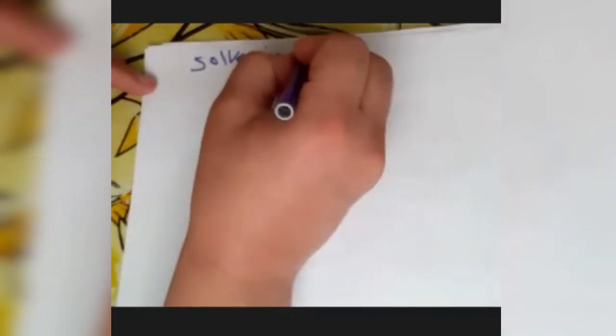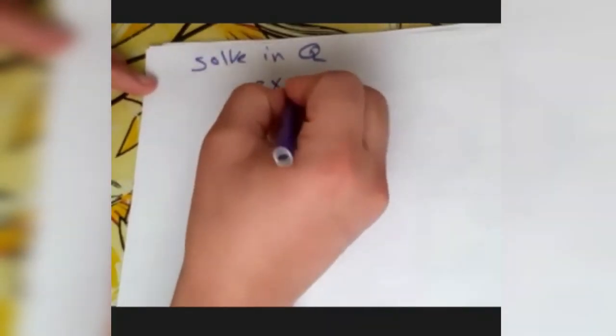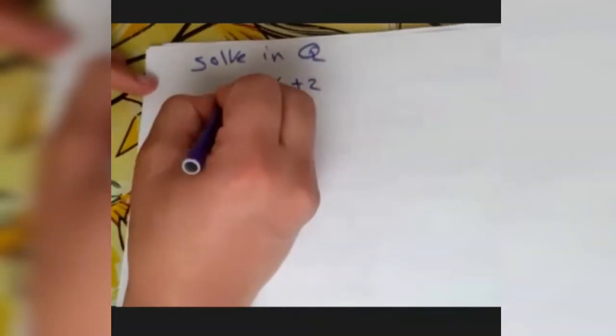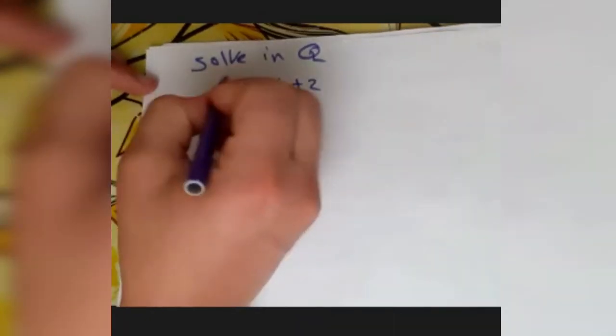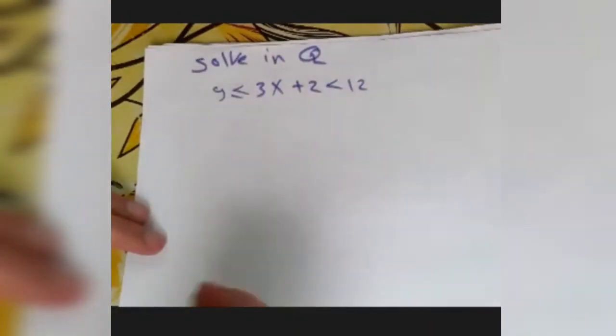Some inequalities have three sides. Solve in Q: 3x plus 2 greater than or equal to 9, smaller than 12. Now we have in this inequality three sides: 1, 2, and 3.